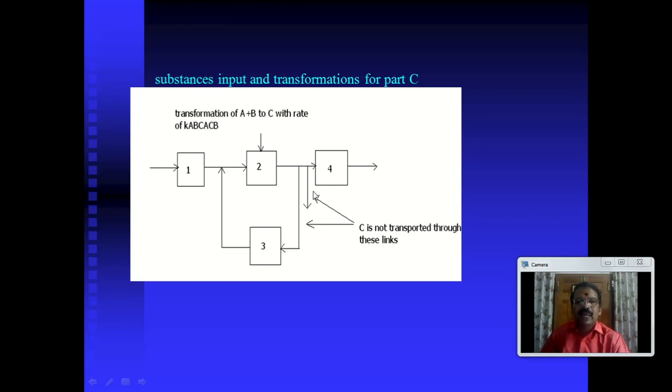Some fraction of the product is not going out directly to tank 4, but is recirculated. C is not transported through these links. C is separated and directly enters tank number 4. Whatever other substrates are required, the remaining unreacted material is recirculated back into the process.